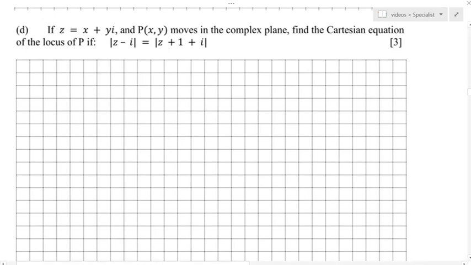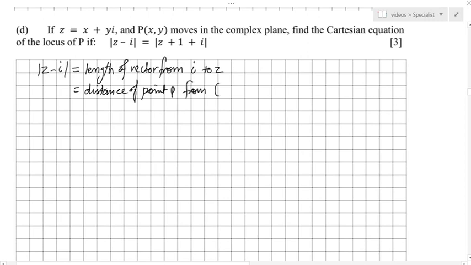So this one here, mod z minus i, we can see that it is equal to the length of the vector from iota to z, which is the same as the distance of our point P from i, which is (0, 1).